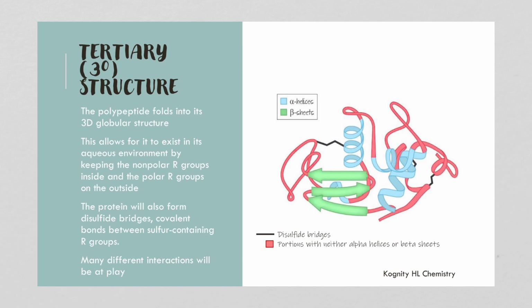We reshape the hair and then we reform the disulfide bridges by adding another chemical. Then your hair will stay permanently curly until it grows out, or permanently straight until it grows out. So a lot of different interactions are at play in tertiary structures because the R groups are interacting with one another.